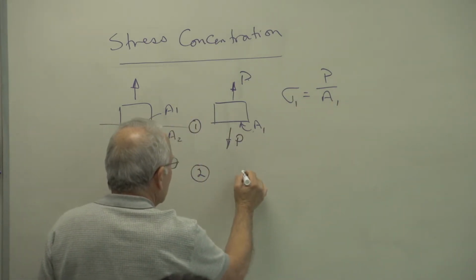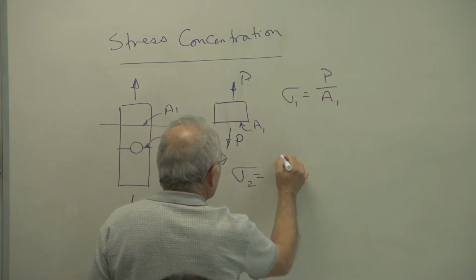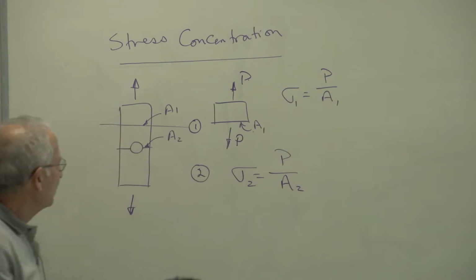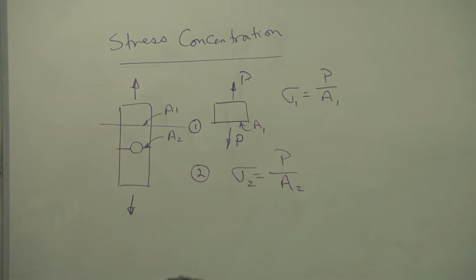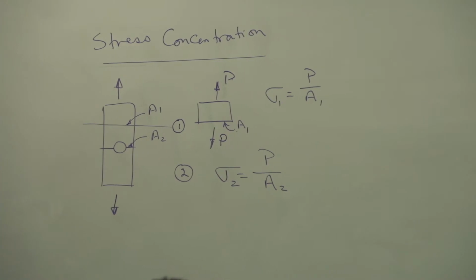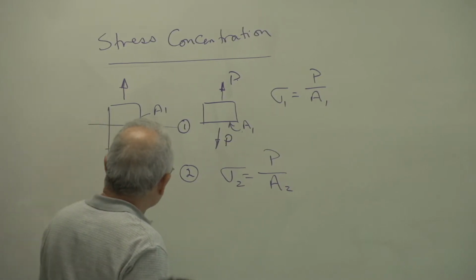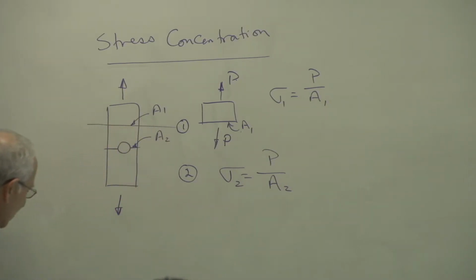In section 2, we have sigma 2 equals P divided by A2. Clearly, A2 is smaller than A1. Everybody okay with that? Therefore, sigma 2 is larger than sigma 1. And as a nominal stress, it's still assumed to be uniform across the cross-section.